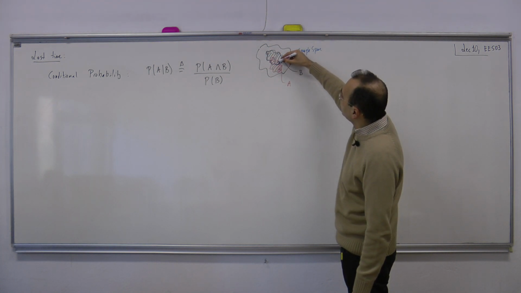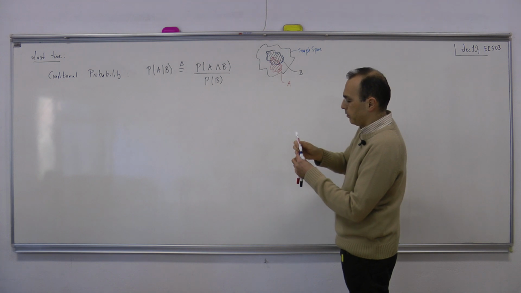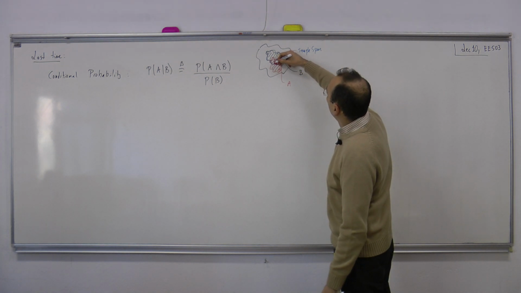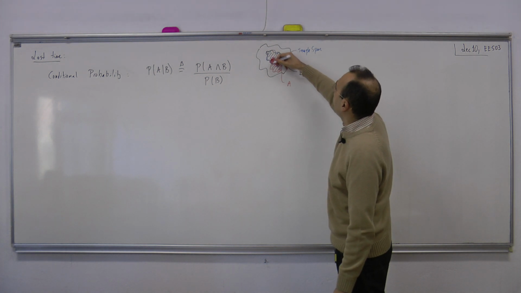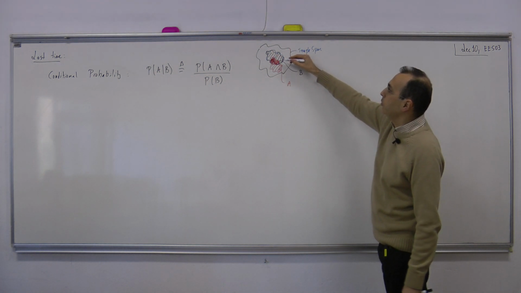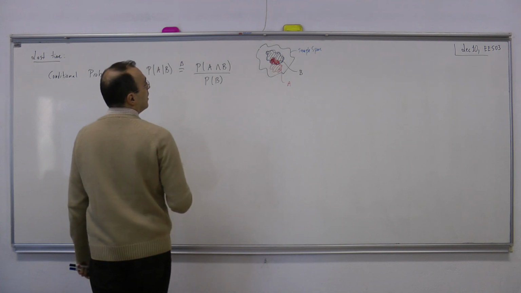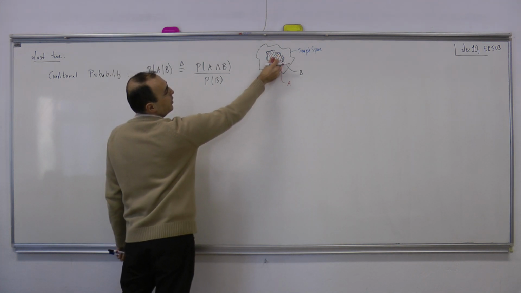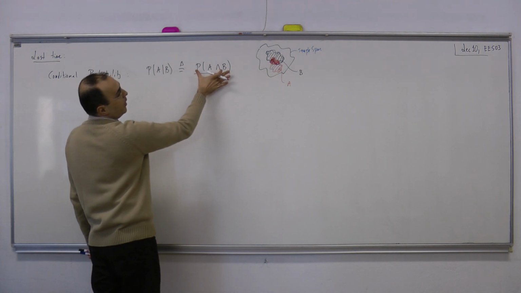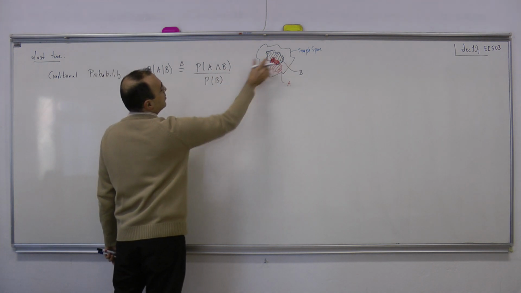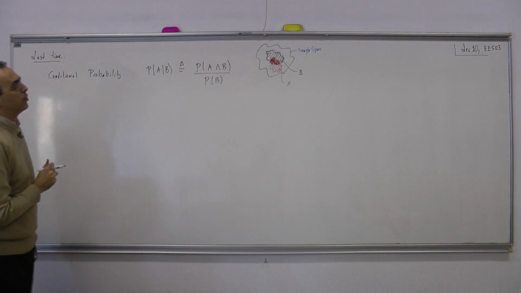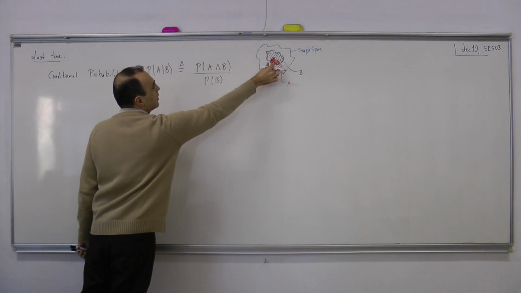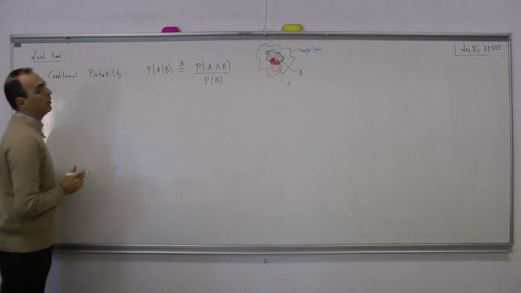So you may say that this is the ratio of this part, let me mark with this red part overlapping inside of the B, A intersection B, and the ratio of this and that. How do I calculate the ratio of two sets? I need to find a measure of their bigness and smallness. This is the probability measure. So we are assigning a probability to this intersection set and comparing it with the other set.